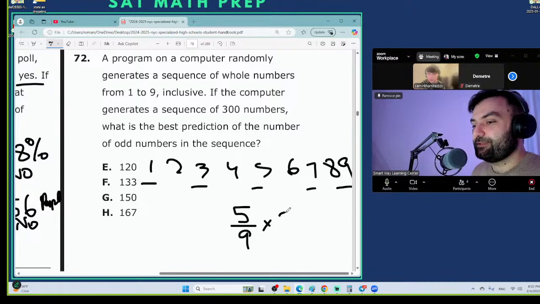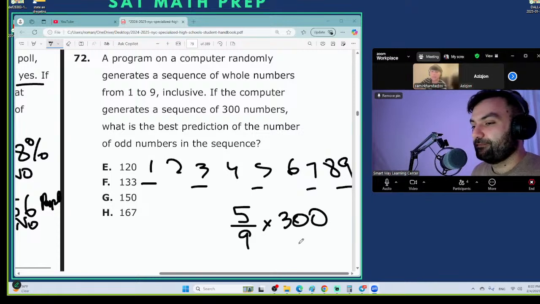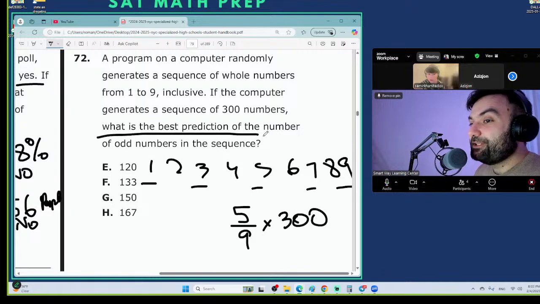So if you do the times proportion, 300. They say what is the best prediction. So it's not going to be exact, it's going to be a little off.